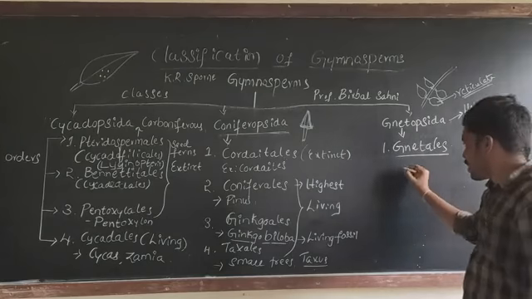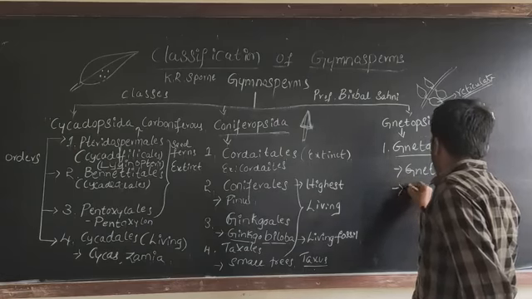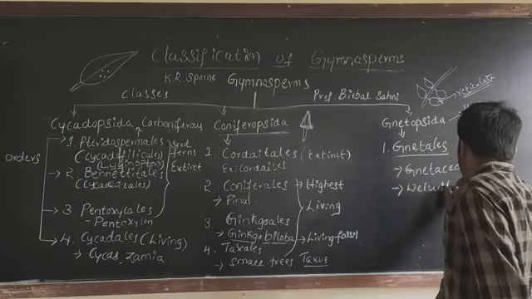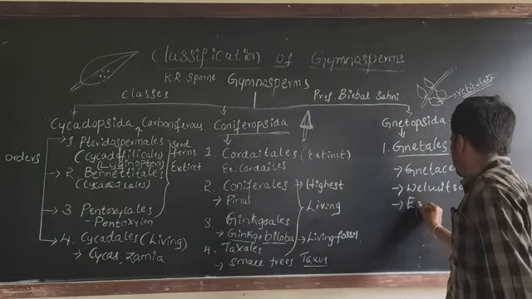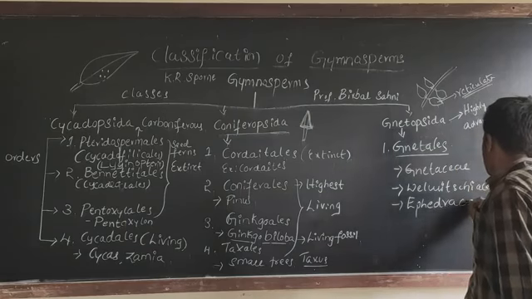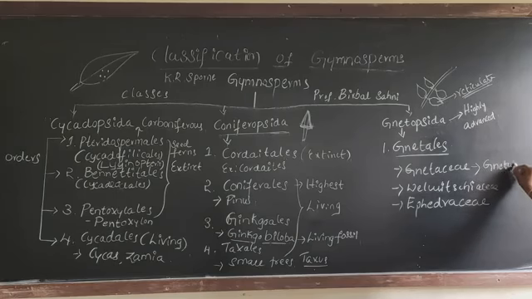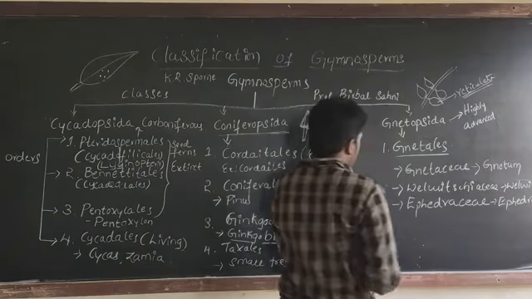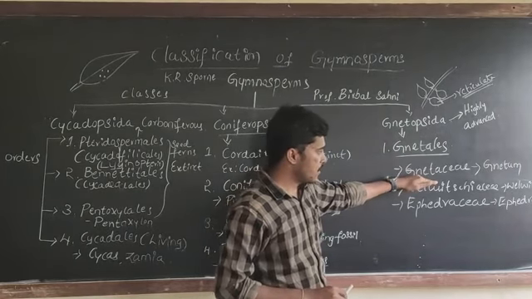Under this order there are three families: Gnetaceae, Welwitschiaceae and Ephedraceae.